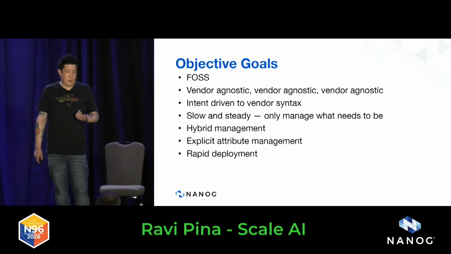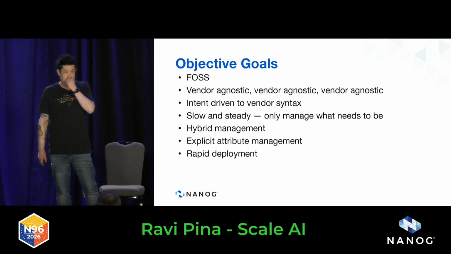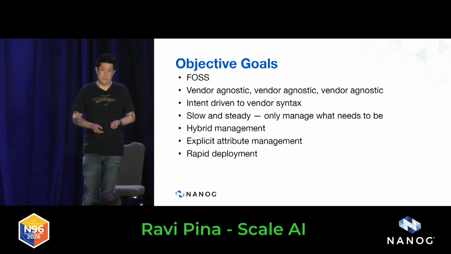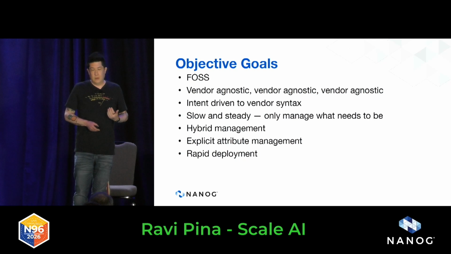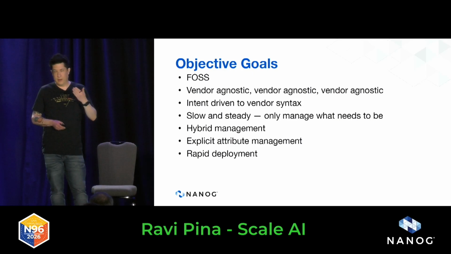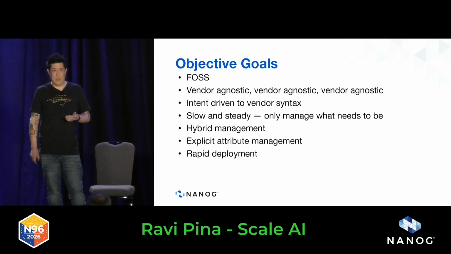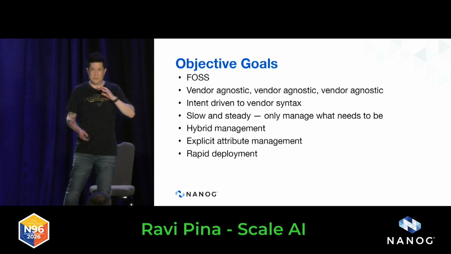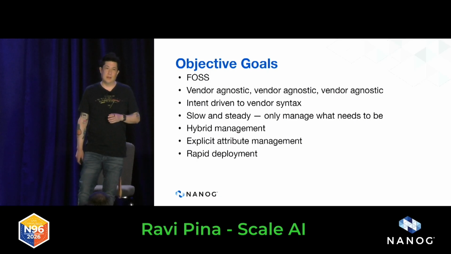Another key was managing only the attributes or the configurable variables within the system that we need to. There's a tremendous amount of knobs and switches within the wireless platforms, from radio configs to authentication, PSKs, sites, groups, things like that.